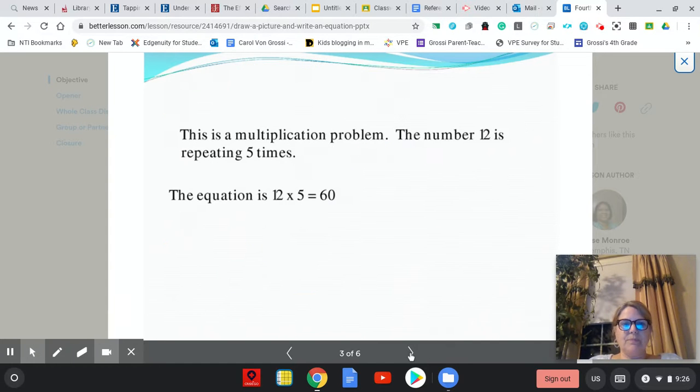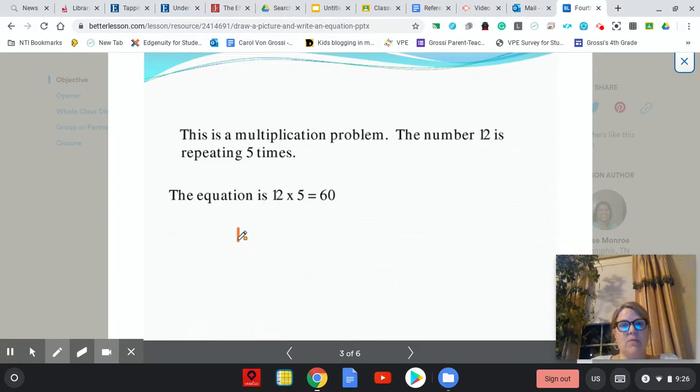Okay. It says this is a multiplication problem. That's the best way to solve it. So the number 12 is repeated 5 times. So here is your number sentence. Now, when you first write this, you really should use that variable in your number sentence to begin with and then solve it.